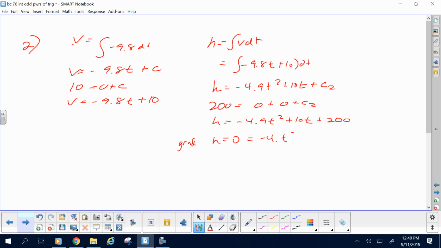You absolutely may use your calculator to solve this. Whether you use the solver or just type in the quadratic formula, however you choose to do it, you should give me the positive root, obviously. The negative solution doesn't make any sense in terms of this problem.